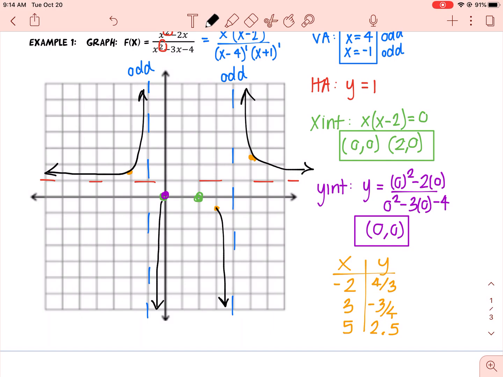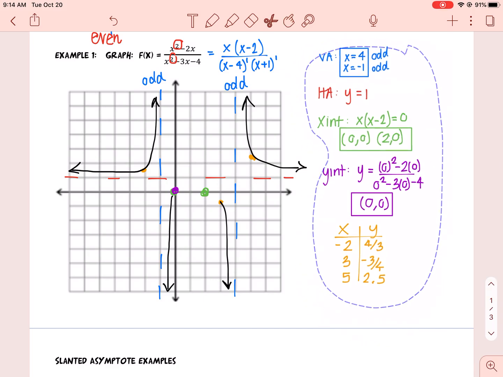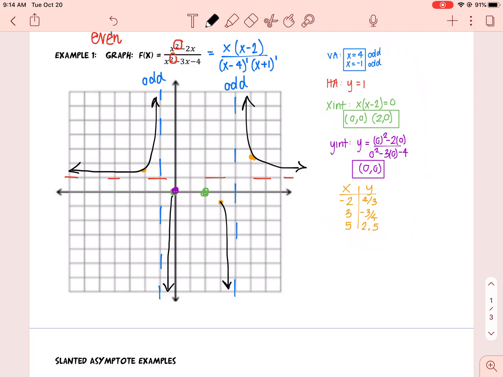But I need to know what's happening in this middle area. I don't know much. So I'm going to have to set it equal to the horizontal asymptote and find out if it crosses. So I'm going to clean this up a little bit. I'm going to do step 8, that horizontal asymptote. So I'm going to take my function. It doesn't matter which one.